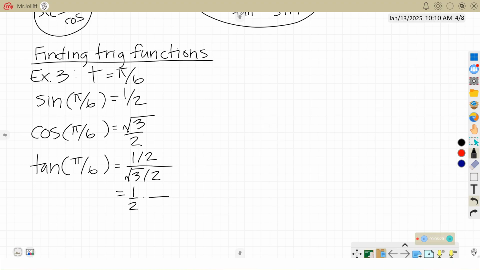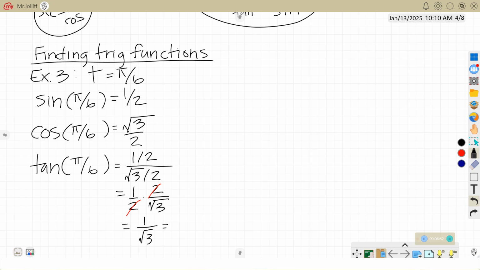So instead of root 3 on top, it's going to be 2 on top, root 3 on bottom. And what do we see? Cancel out the 2's. When we're calculating tangent, those denominators are going to be the same, so the denominators are going to cancel. It's going to be the numerator for sine on top and the numerator for cosine on bottom. So this is 1 over root 3.